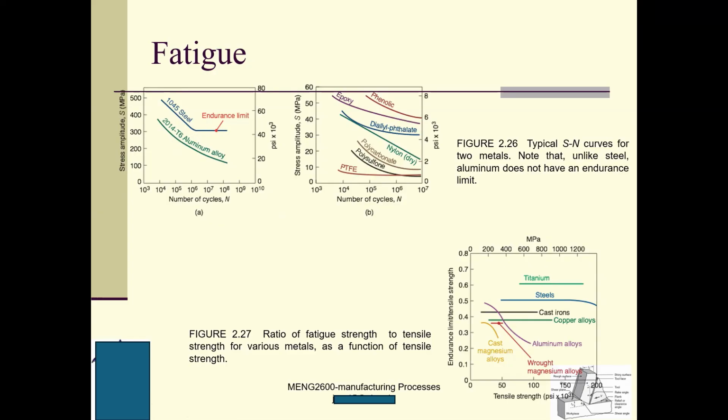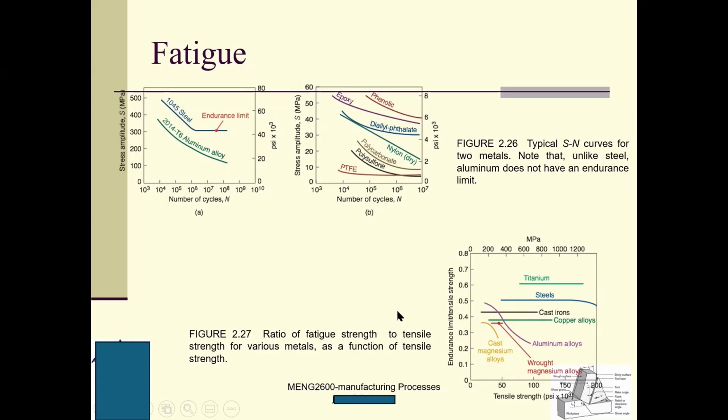Endurance limit means that if the stress you apply is lower than your endurance limit, theoretically, no matter how you apply this load, your specimen will not fail. But I just say theoretically. Practically, there are a lot of defects in the specimen, so it's not true in practice. Be very careful. This is called the SN diagram. For other metals, we don't have this beautiful picture.